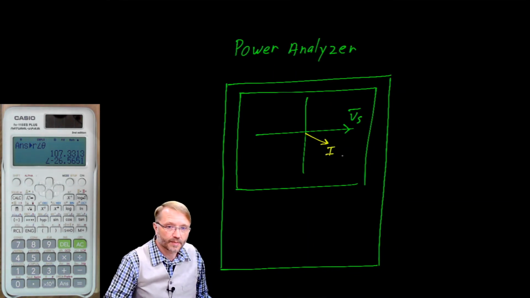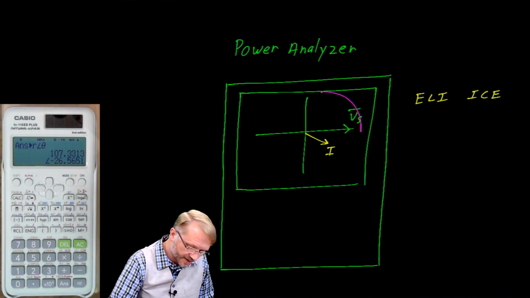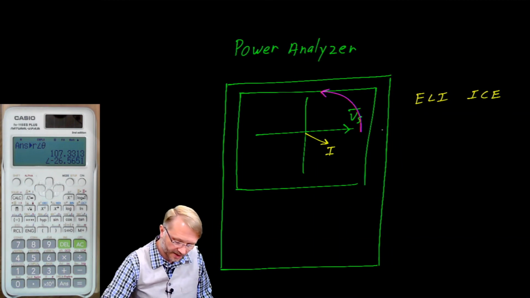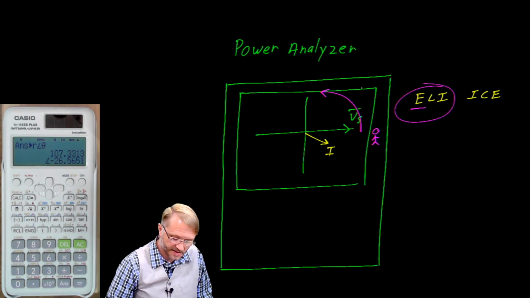By the way, is that a capacitive or an inductive circuit? If we remember the vectors rotate counterclockwise, you, the stationary observer, would see voltage first. Sometime later, you would see current, so that makes this an inductive circuit.